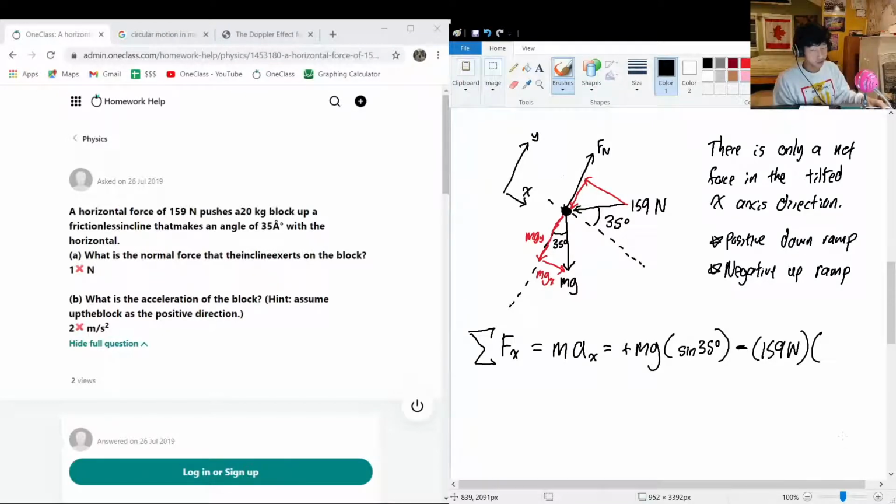Cos 35. You can see how the angle works. We have the hypotenuse and the angle, and we're trying to get the adjacent. So with SOHCAHTOA, we can do it this way by doing cos 35 degrees. Okay, so let's isolate ax.